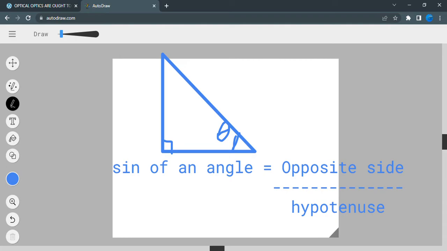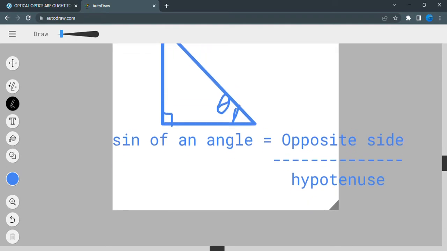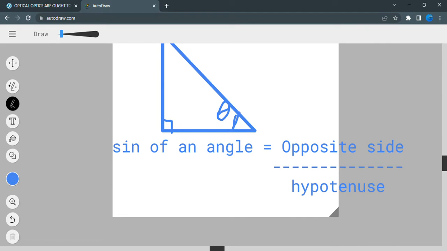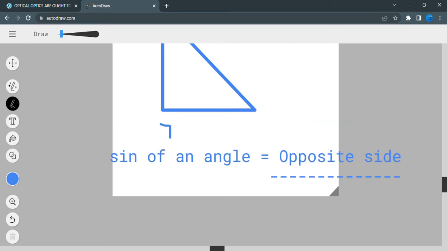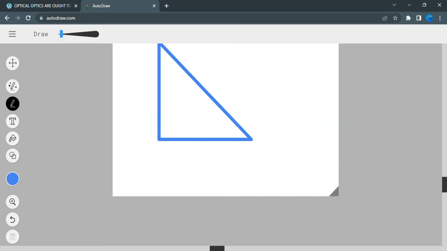Now we have some terms here. You might think that if it was that easy, how do we solve it? There are some specific values of the sine of an angle which are expressed in a trigonometric table. But before that, we need to learn what sine theta means. Let's draw the diagram again.